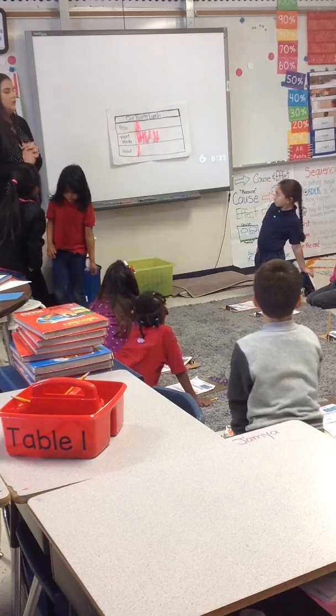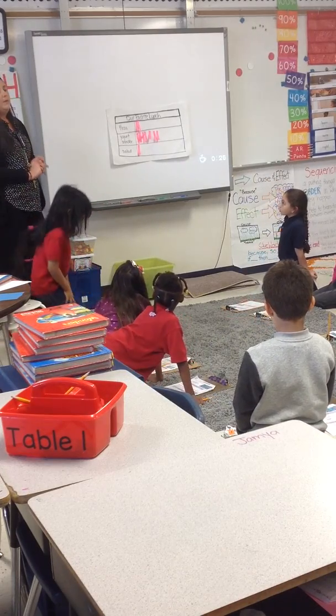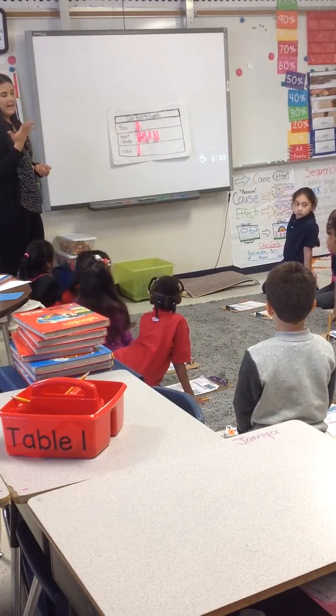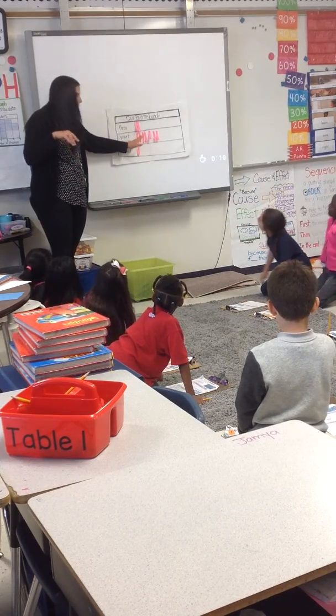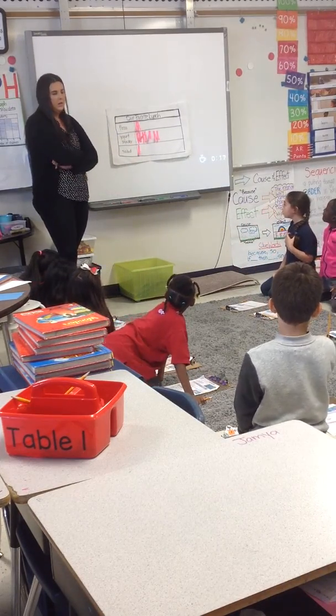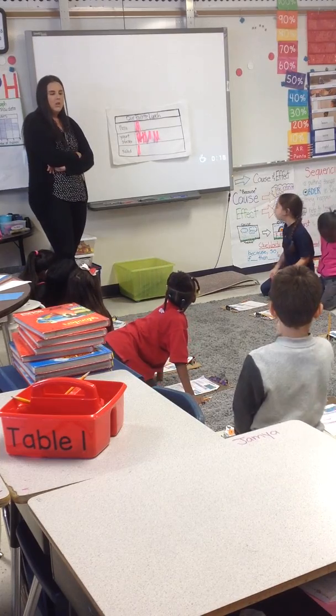I love the way that Trinity remembered to put the 5th tally on diagonal. So she counted 1, 2, 3, 4, and she put hers across the 4 to make 5.